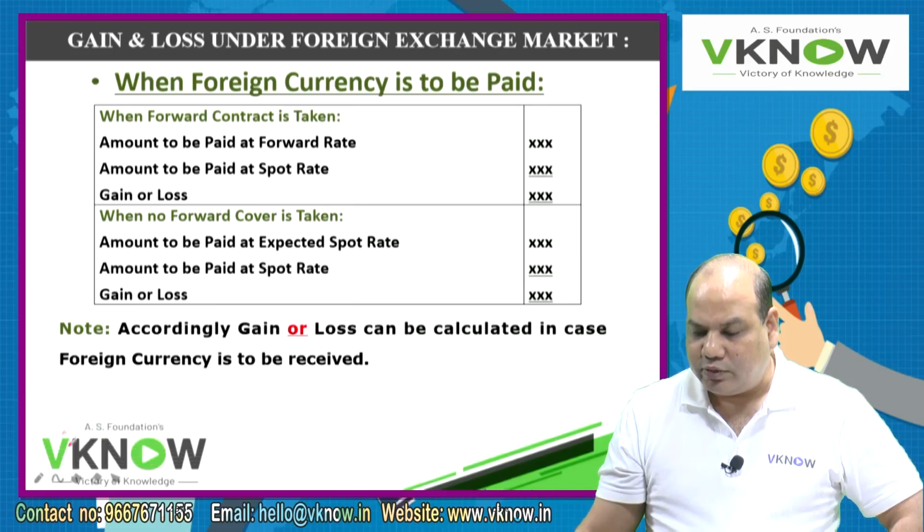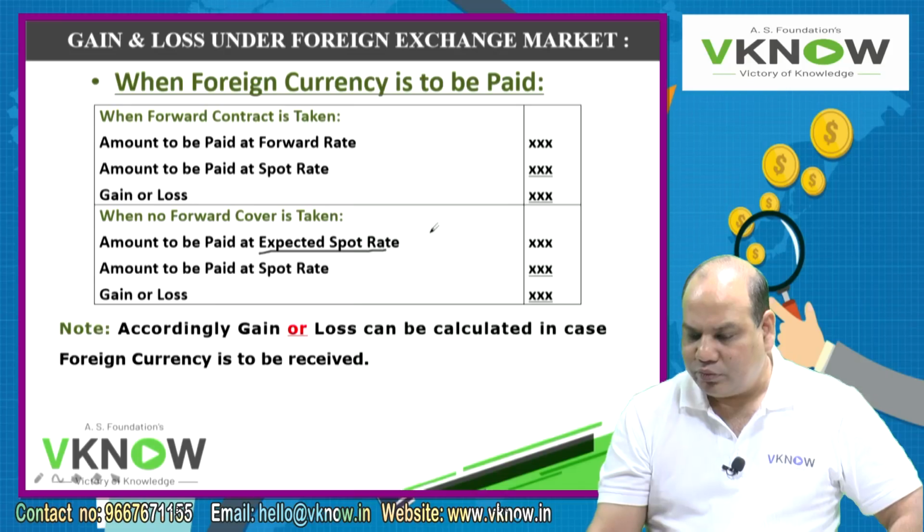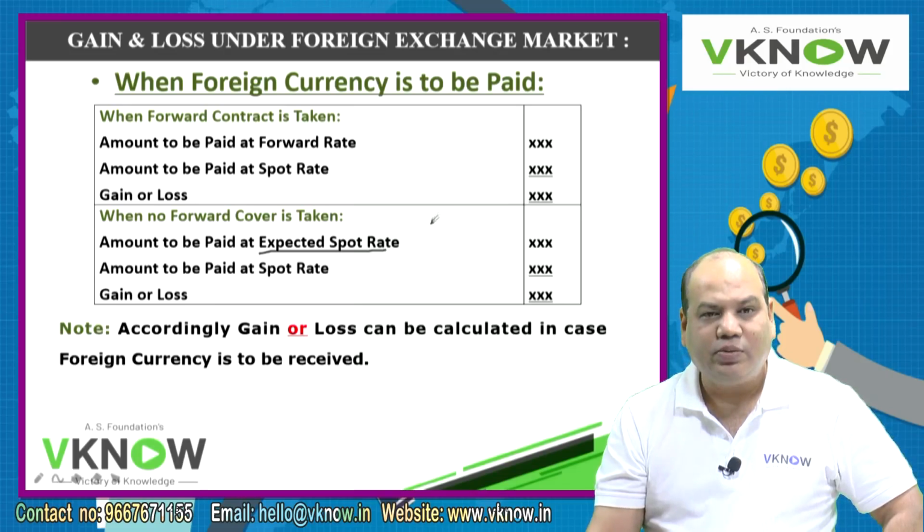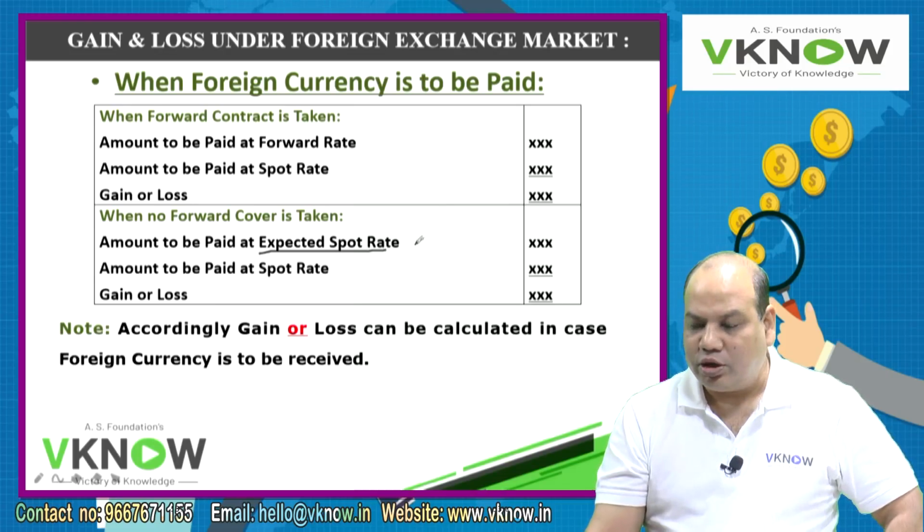If not given, they will give you some probability distribution table, and based on that you have to calculate the expected spot rate. Either they will simply say the dollar will appreciate by 10%, dollar will depreciate by 5%, rupee will appreciate by 10%, rupee will depreciate by 5%. Then in that case take that.